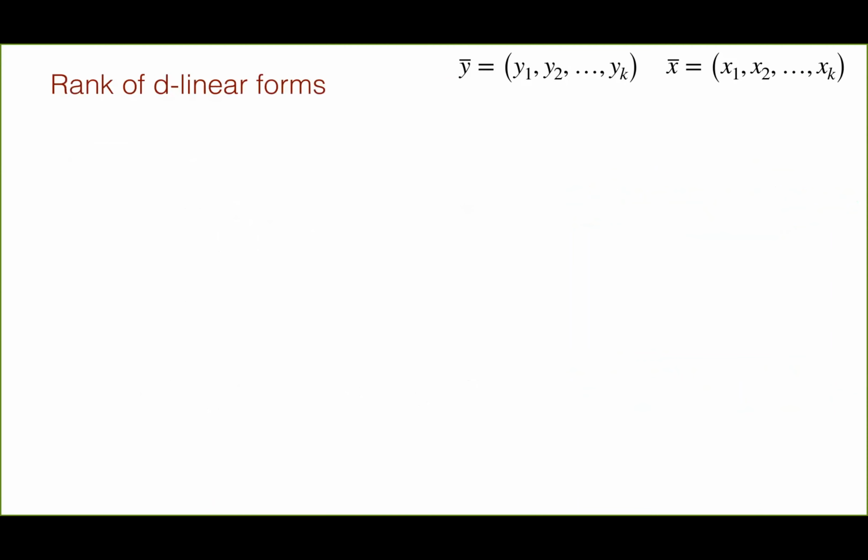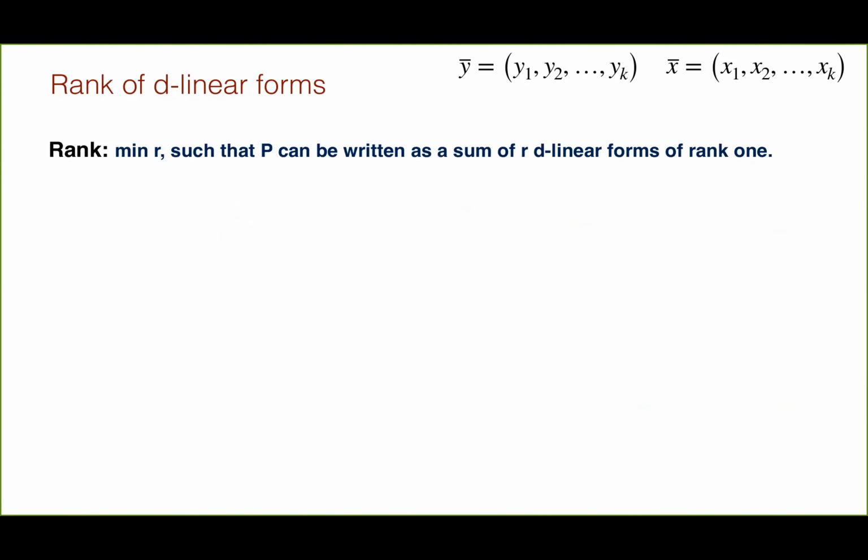All right, so what do I mean by the rank of a D-linear form? By the rank of a D-linear form, I mean the minimum R such that the form P can be written as a sum of R D-linear forms of rank 1. What does that mean?